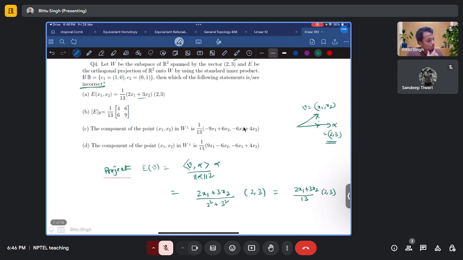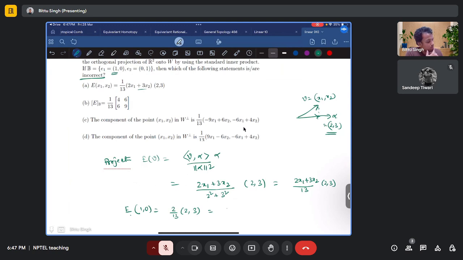Now we need to see what E is with respect to the standard basis. E applied on the first basis vector E1, which is (1, 0), will give us 2 by 13 into (2, 3).